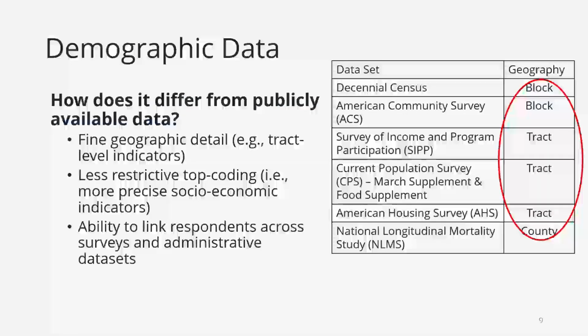The CPS data gives you down to the tract. And if some component of your analysis is spatial, knowing the geographic location of a respondent at the micro level, and then adding in aggregate contextual data that you could bring into the data center and merge, gives you a lot of leverage in thinking about what's going on at the local level.